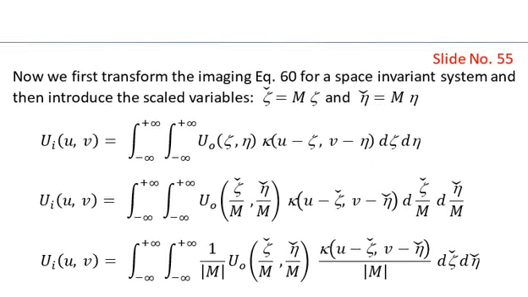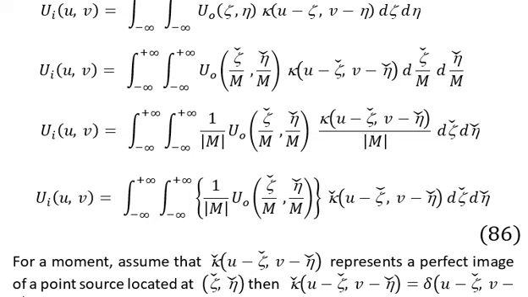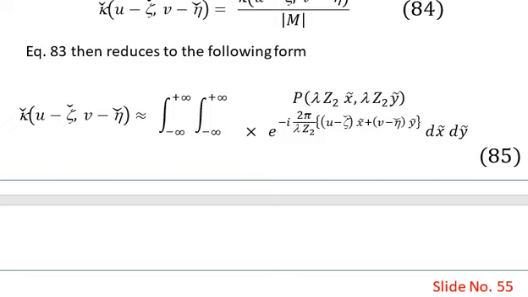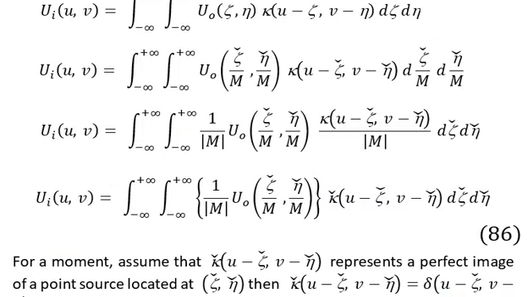We have introduced the κ̂ in the last step of equation number 86 as κ̂ equal to, within parenthesis, u minus ζ̂ comma v minus η̂, and dζ̂ and dη̂. This is the imaging equation, equation number 86, and if you want, you can introduce the κ from equation number 85 very simply in equation number 86 to get the full expression for the imaging intensity, for the imaging field at the image plane.